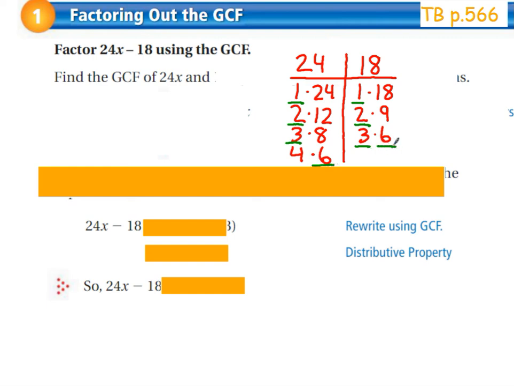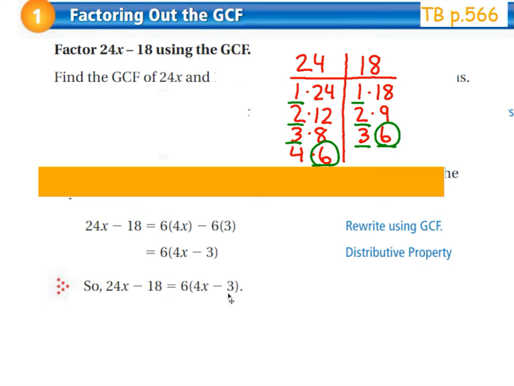Now, of these common factors, 6 is the GCF, so it is going to go in front of the set of parentheses, and what's left when I divide is 24x divided by 6 is 4x, 18 divided by 6 is 3. So when I factor it out, I get 6 parentheses 4x minus 3. Once again, this example is actually just like what we've done in the past.